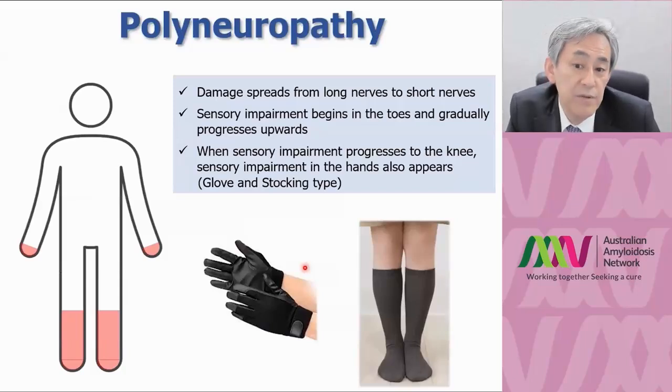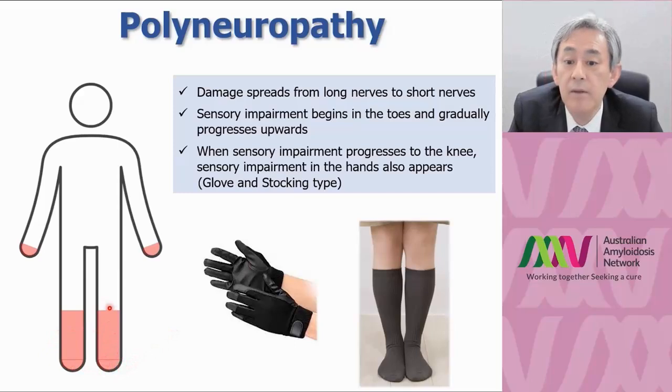In polyneuropathy, damage spreads from long nerves to short nerves. Sensory impairment begins in the toes and gradually progresses upwards. When sensory impairment progresses to the knee, sensory impairment in the hands also appears, so-called glove and stocking type.